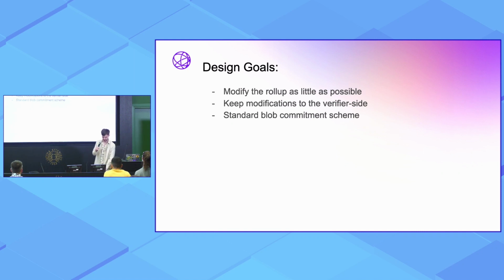We would like to integrate them without too many modifications, especially to the prover side contracts. And what modifications we do need to make, we try to keep them on the verifier side, where it's generally a lot easier to change things to do integrations.